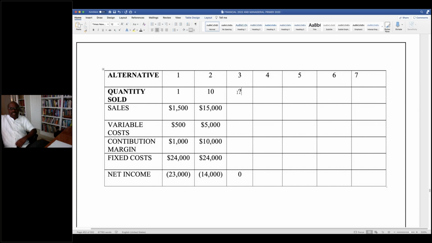Any guesstimates about how many we would need to sell so that the net income will be zero? Or any calculation of the amount?